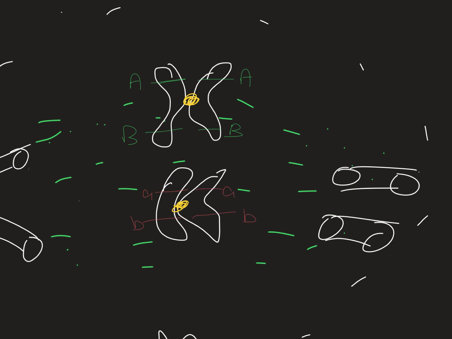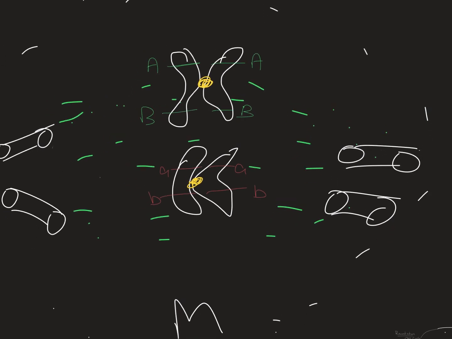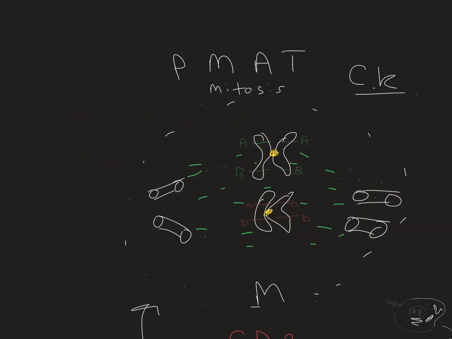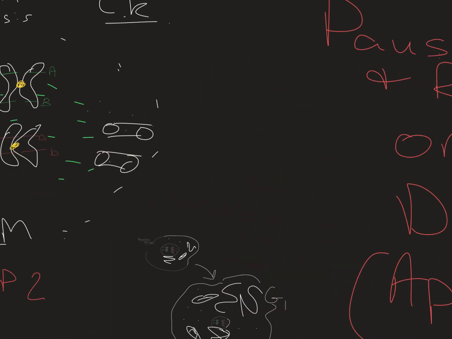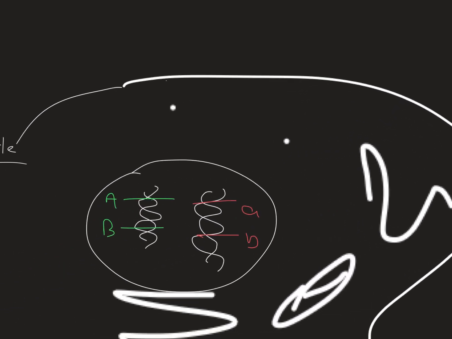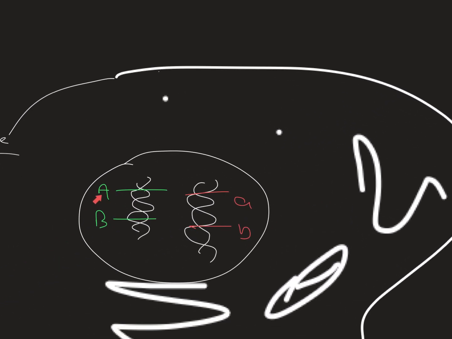If we go back to the very beginning of the problem that you were given, what was your genotype? Big A, little a, and big B, little b, correct? That's your genotype.